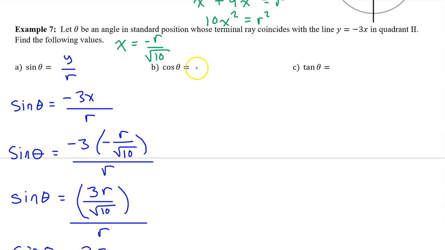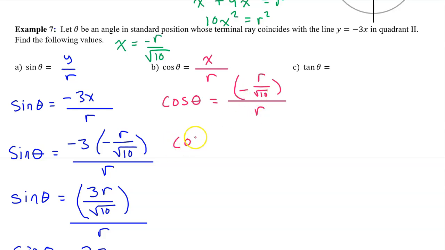Let's do something similar with the cosine of theta, which is defined as x over r. So since x is negative r over radical 10, that gives us the cosine of theta is equal to negative r over the square root of 10, all divided by r. We know that when you divide a fraction by something else, the thing you're dividing by ends up in the denominator.